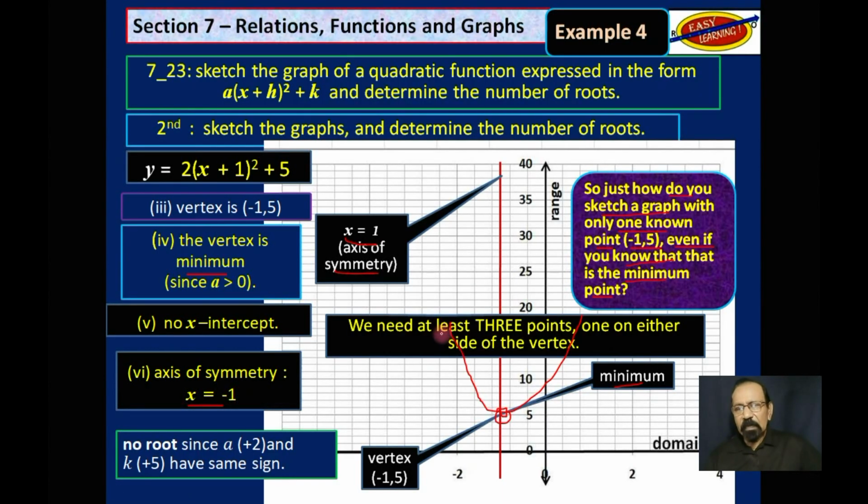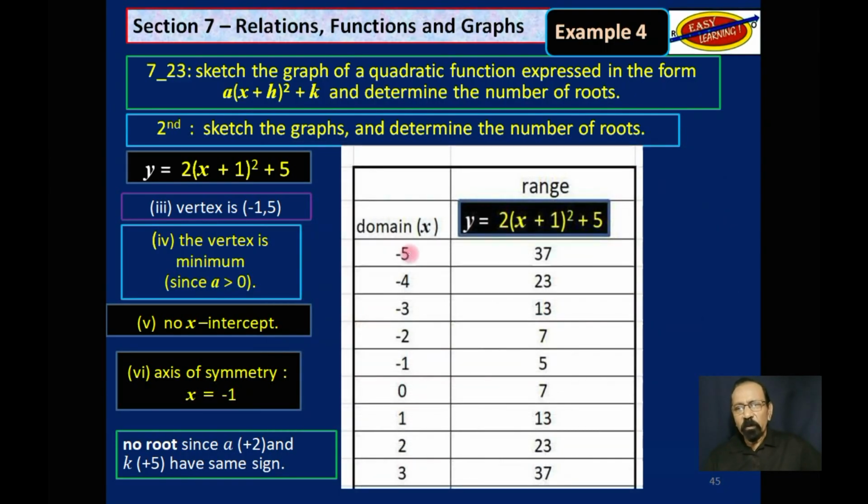We need at least 3 points, one on either side of that vertex. One on the left-hand side here, and one on the right-hand side here of that axis of symmetry. At least one on either side. 2 will even be better. So what do we do? This is the point we know, -1, 5.